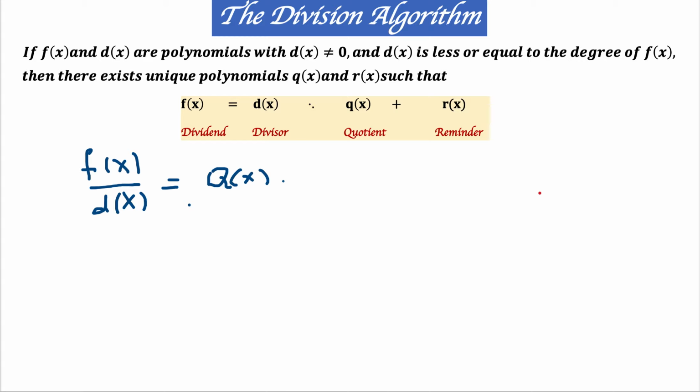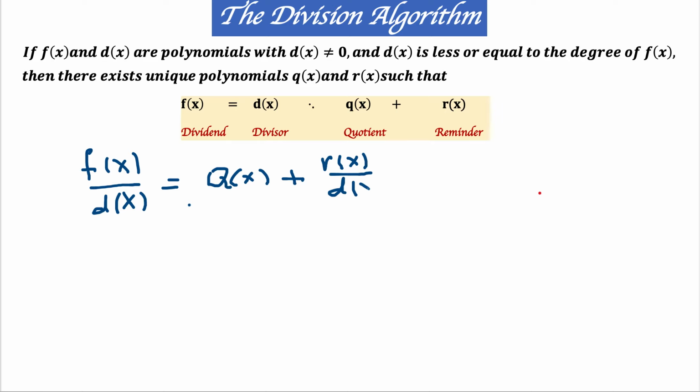But there is also a possibility of a remainder. There is a remainder r of x, which can be different from 0, or it can be 0. And this remainder is over d of x.